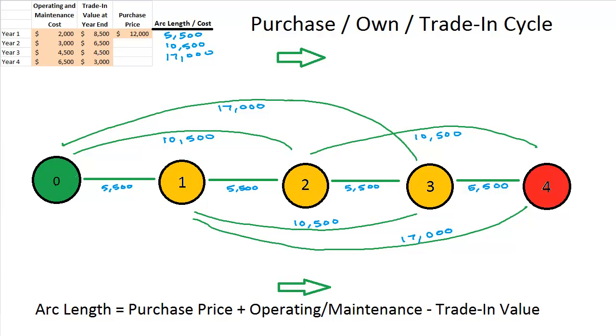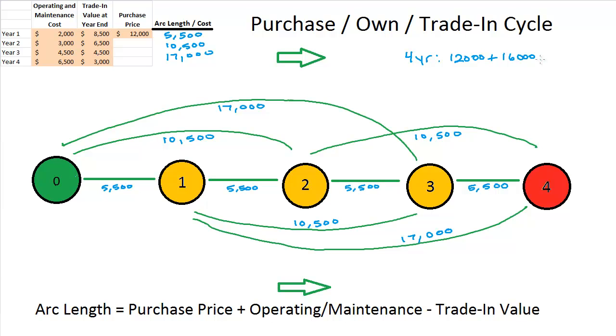Now the last arc we have to do is our 4-year arc. And again, we have our $12,000 purchase price plus, in this case, $16,000 in operating and maintenance cost. Because remember, we're holding that same car for all 4 years. So that's quite expensive in terms of operating and maintaining it.